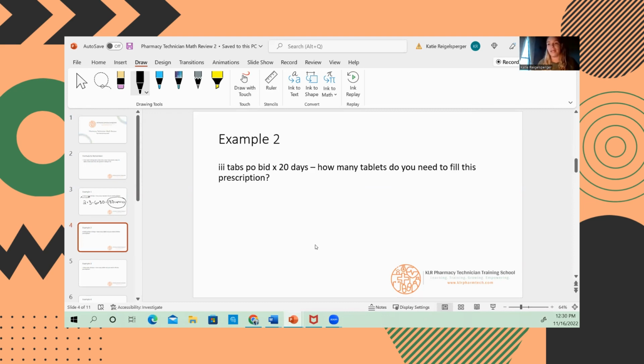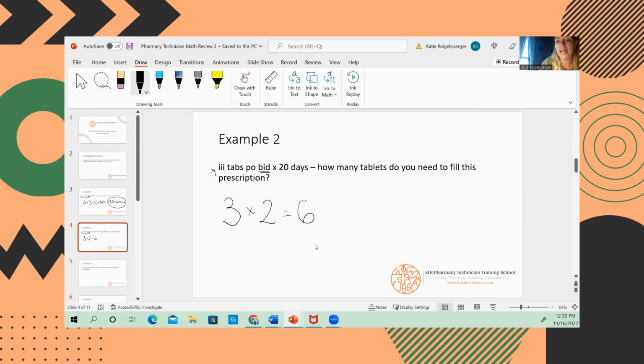How many tablets do we take each time, guys? We take 3 tablets each time. How many times a day do we take 3 tablets? 2 times a day. 3 times 2 equals 6.